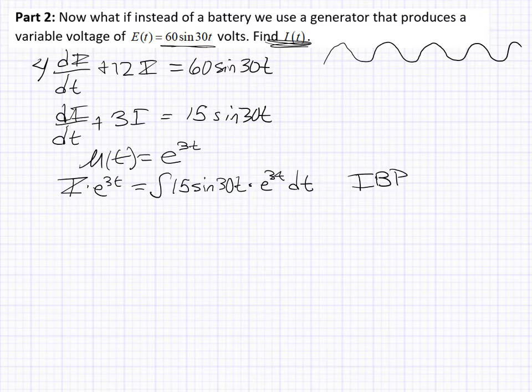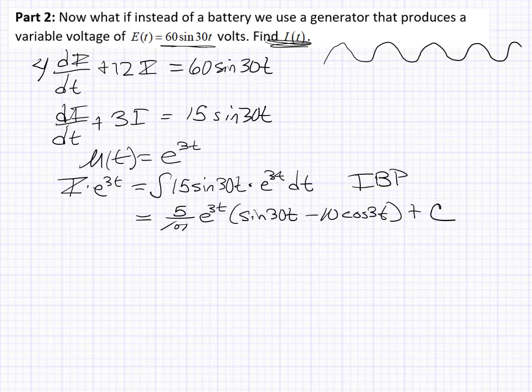And so what's going to end up happening here is that this integral is going to turn into 50 over 101 e to the 3t times sine 30t minus 10 cosine 30t plus c. Okay, so that's how that's going to work out after you do integration by parts.